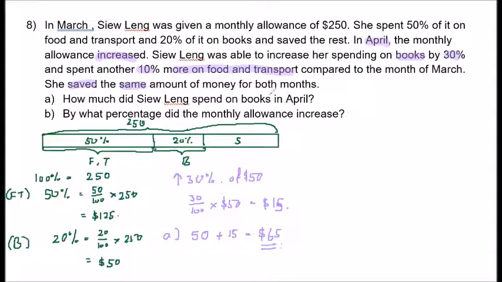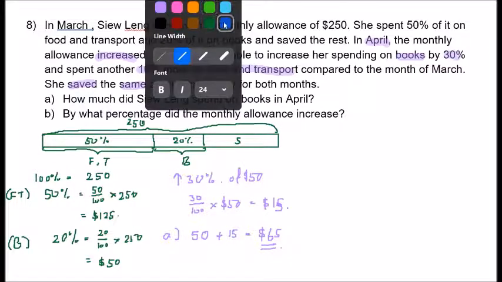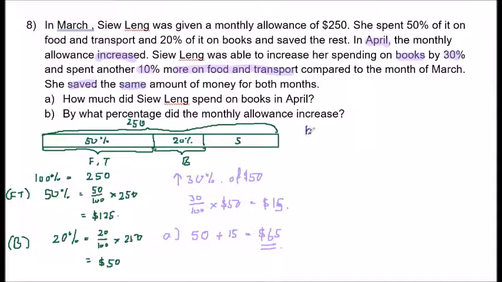Okay, now let's look at part B. For part B, by what percentage did the monthly allowance increase? As we have to find the total increment. Okay, how much did the monthly allowance increase?